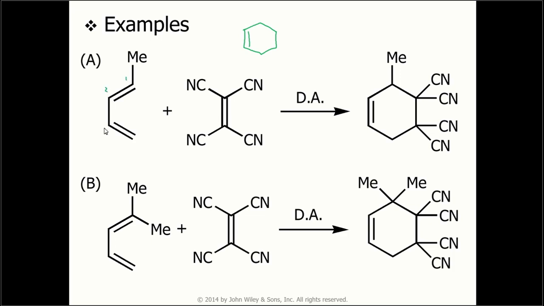This is 1, 2, 3, 4, 5, 6. 1, 2, 3, 4, 5, 6. I'm going to put my methyl group here, and then I'll add my cyano groups. And I can see that it doesn't really matter which side of the ring I put this on because I know I'm going to form a pair of enantiomers.